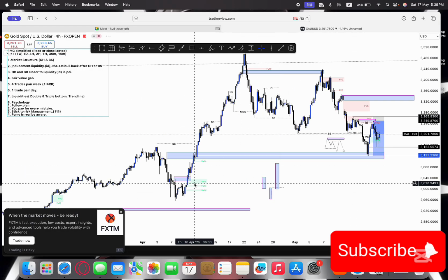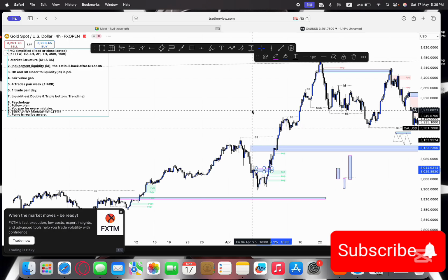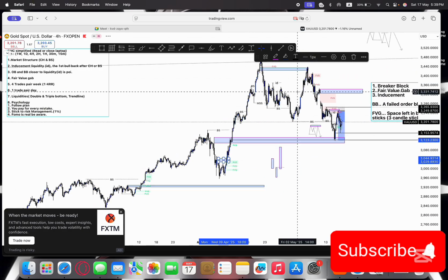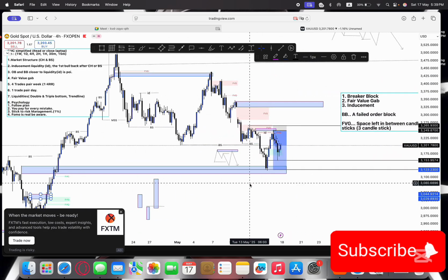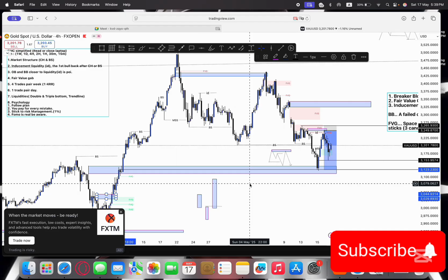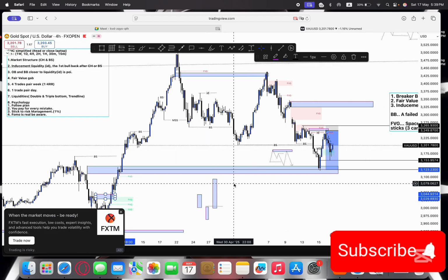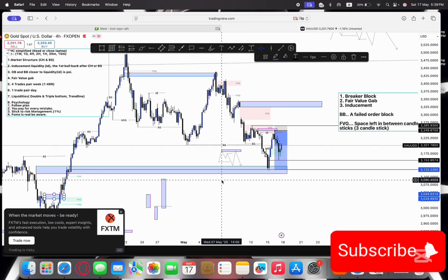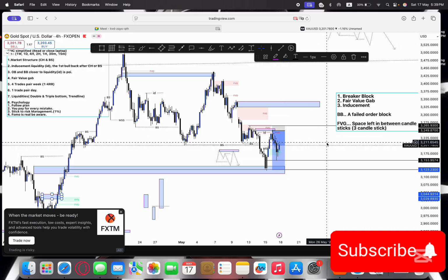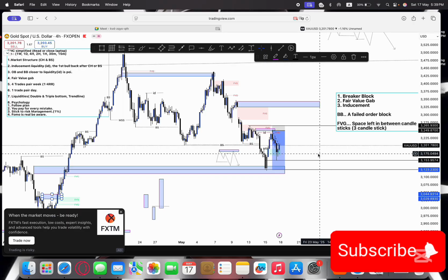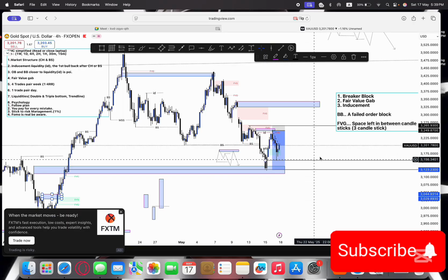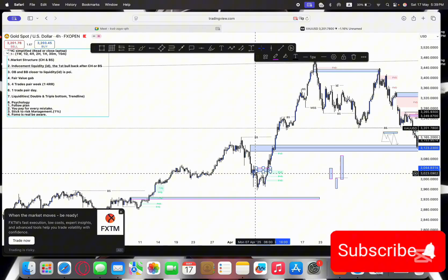Let's try and identify fair value gaps. You say 3 candlesticks, right? Yes, 3 candlesticks, and the next candlestick is the one to confirm a fair value gap.